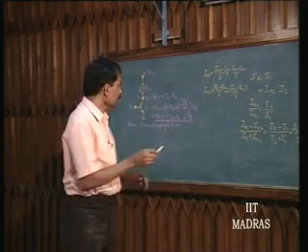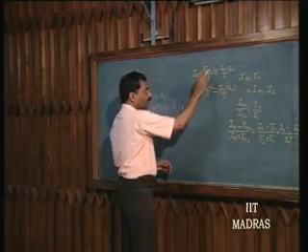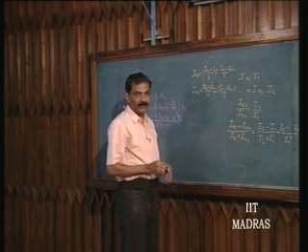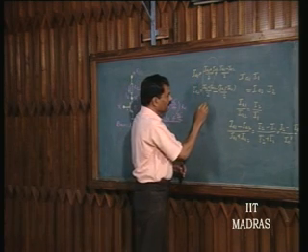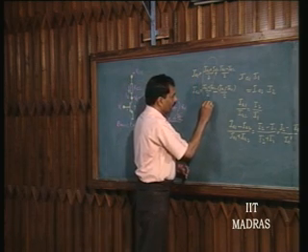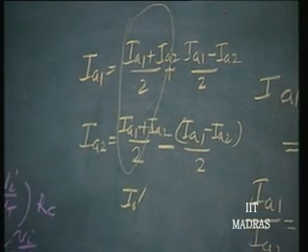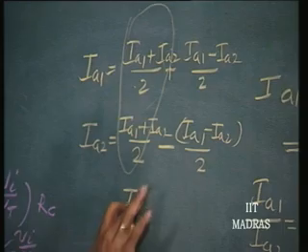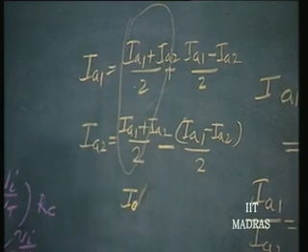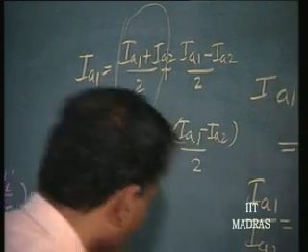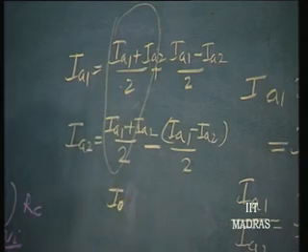So, suppose this common current IA1 plus IA2 by 2 is a DC. Let us call that as I0, because I0 dash we have called this current. So, we will call this as I0, the common current.